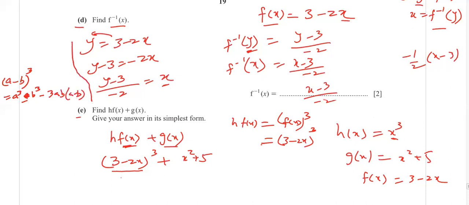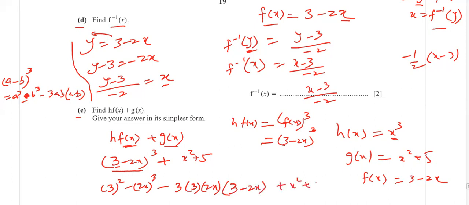So use that formula for this one. First cube, minus second cube, which is 2x cube, minus 3 first into second, into first minus second, and plus x square plus 5, that is there.